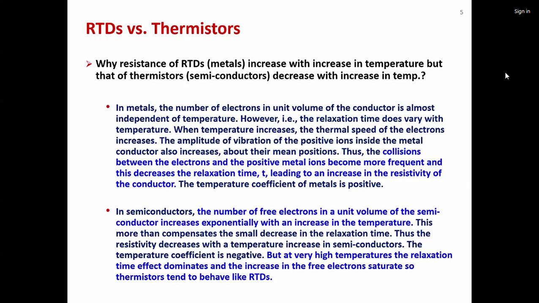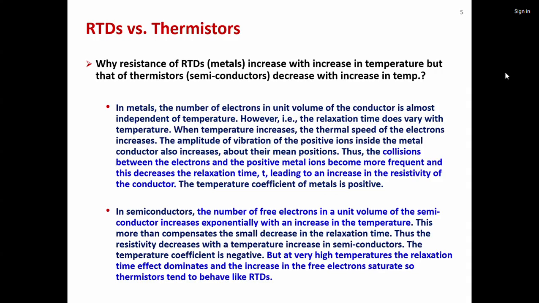So the net effect is that as you increase temperature, the resistivity would decrease because you have more and more electrons which are coming up and trying to move. So the resistance would decrease with increase in temperature. But as you go to very high temperature, they would behave similar to RTDs, meaning the relaxation time effect would dominate over the increase in the number of electrons.